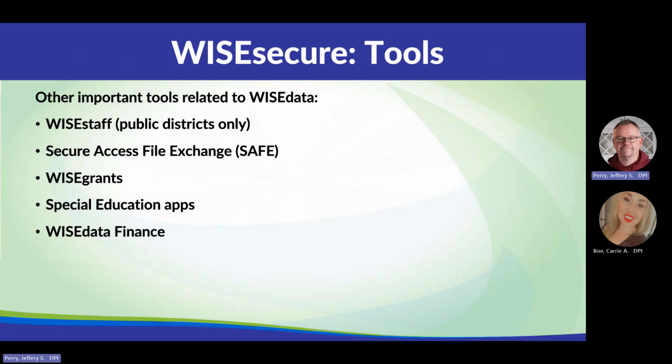There is an application called SAFE, which is a secure file viewing and downloading application that is used for a variety of purposes, but one of the most important is when the DPI, Office of Educational Accountability, releases the preliminary report card data, that information is located in SAFE. We have the WISE Grants tool, which is used primarily for federal grant purposes. There are a whole bunch of special education applications that are related to special ed reporting. And there is also WISE Data Finance.